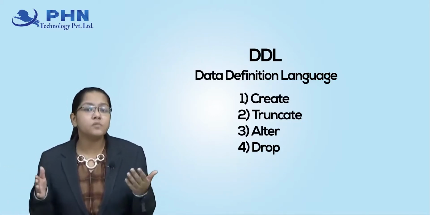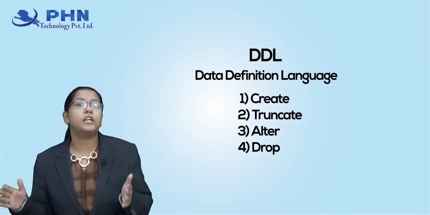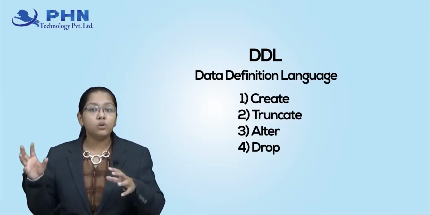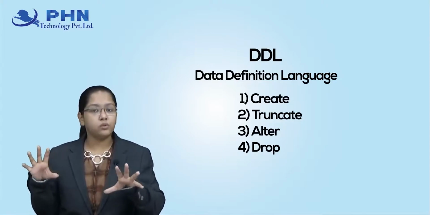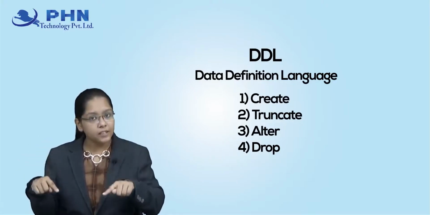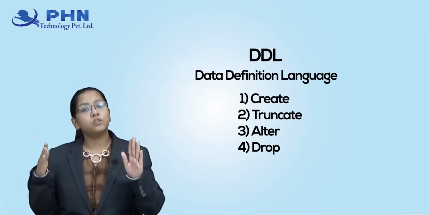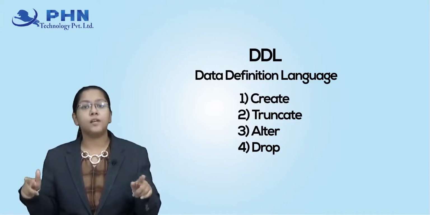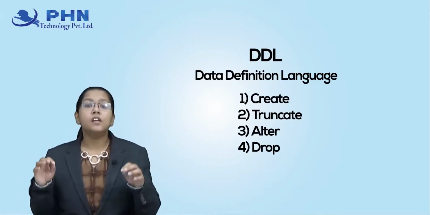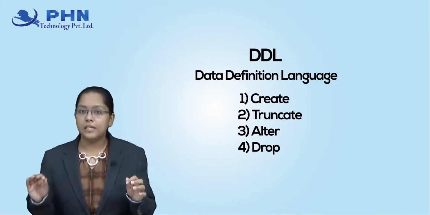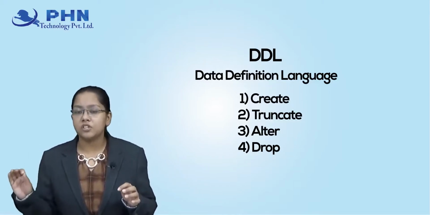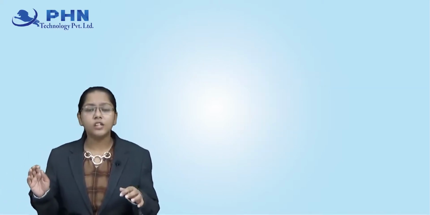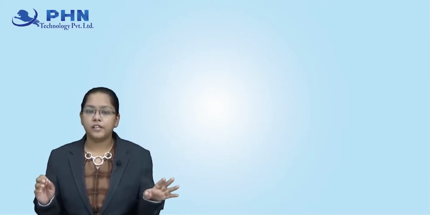Everything is performed over a complete table only. If you need to do operations on the table, then you have to use DDL, data definition language commands. So this was complete about DDL.